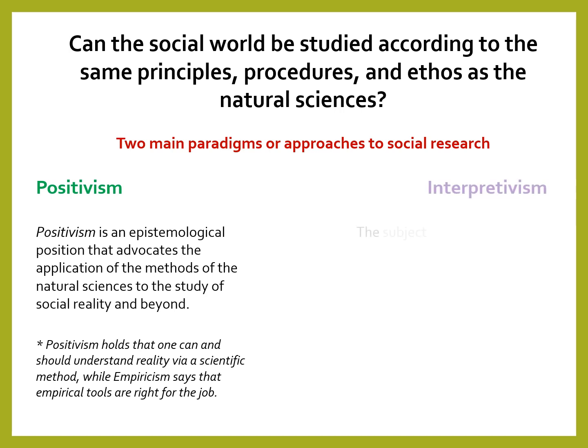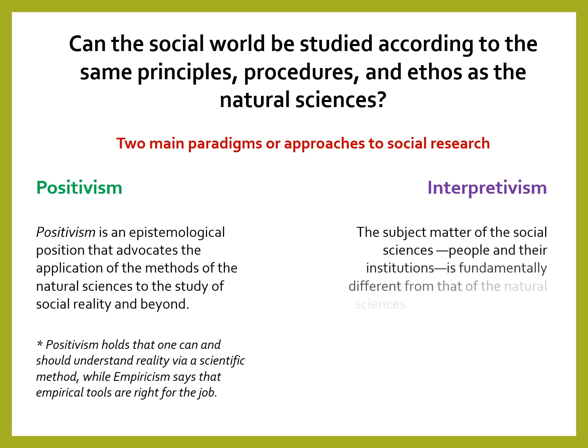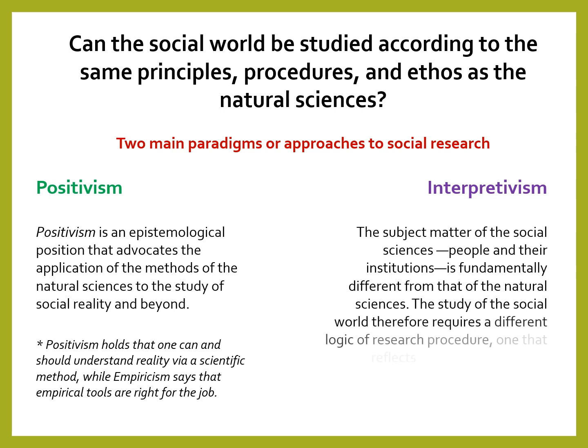The positivist position claims that we can study the social world as if we were dealing with the natural world, whereas interpretivism claims that given that the subject matter of the social sciences, that is, people, institutions, social life, is fundamentally different from that of the natural world, we should create a different logic of research, a different set of tools, and different methodologies.